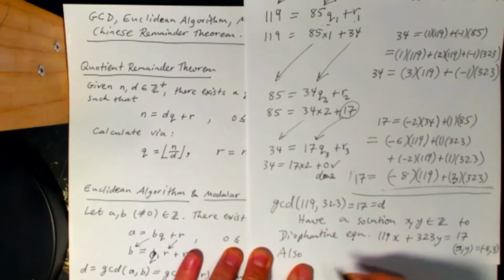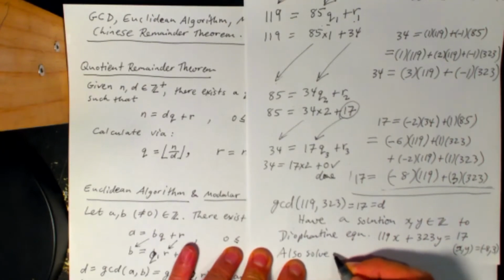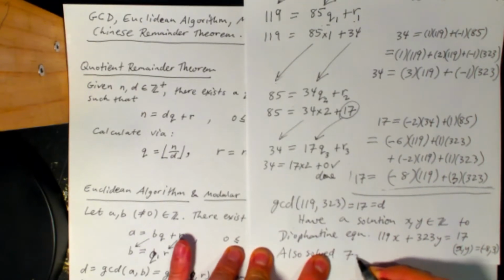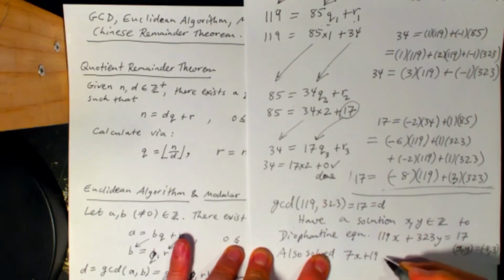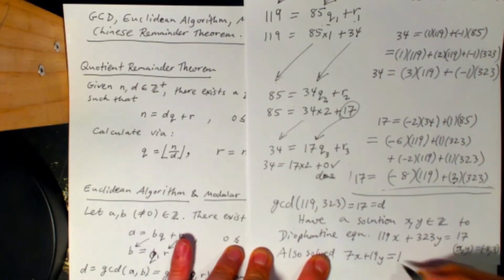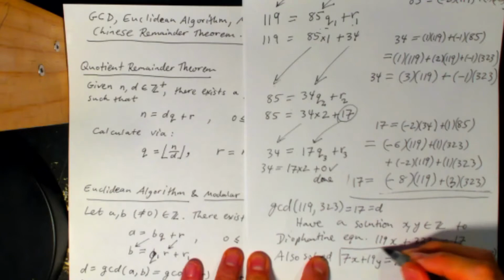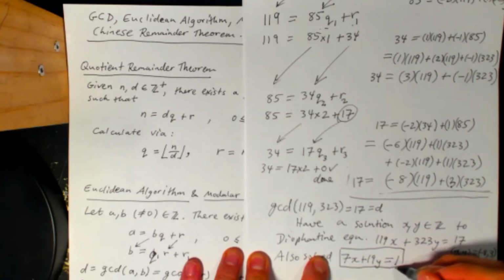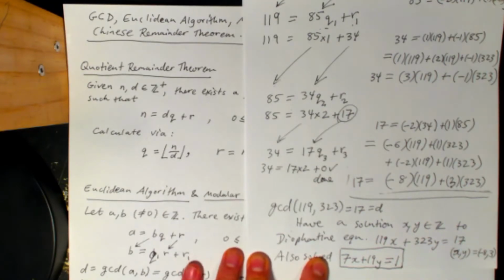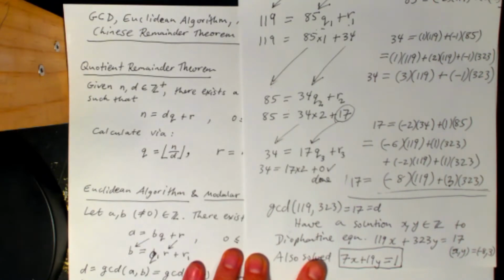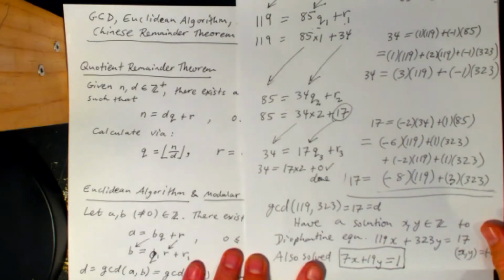So we also have solved 7x plus 19y is equal to 1, because 323 divided by 17 is 19. This is great because this will allow us to find an inverse of, say, 7 modulo 19 and 19 modulo 7 via reduction.